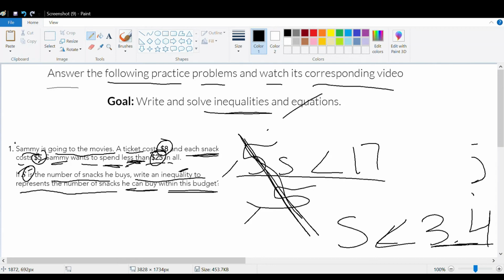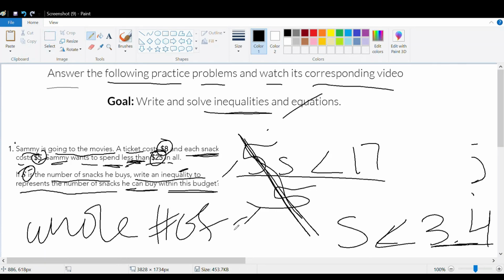Therefore, the whole number of snacks S that he can buy is just 4. Excuse me, not 4, but it's 3. It is 3. Let's delete this over here so we have more space.